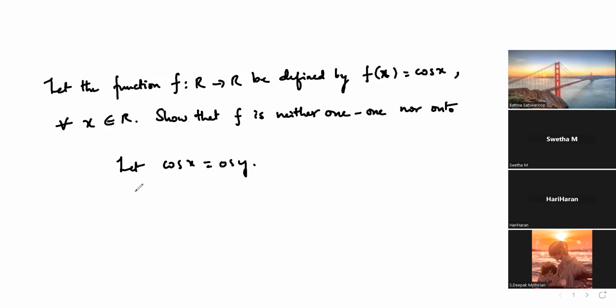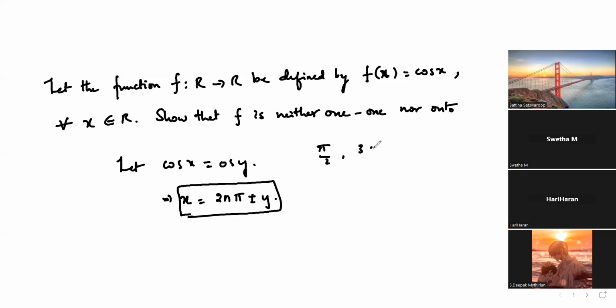So what will be the value of x? 2n pi plus or minus y. This would have come in 11th class, sir, do you remember or not? So what are all the possible values?